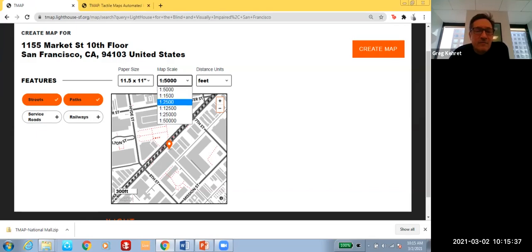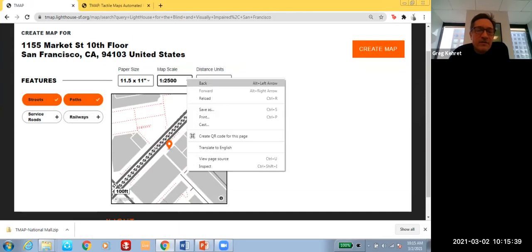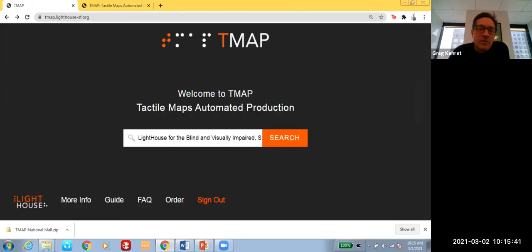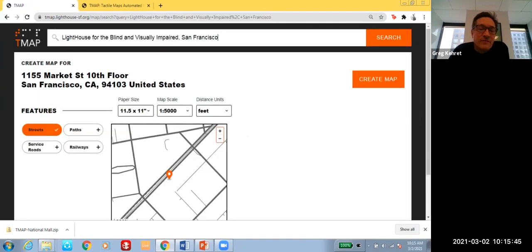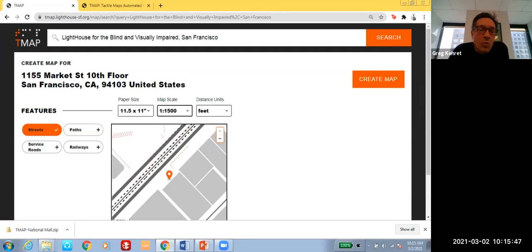But if I'm going to zoom in for demonstration, I'm going to, whoops, I went the wrong place. Clicked the wrong button. Let me drill back down. 1 to 1500 is the most zoomed in. And on this map, that looks like it represents about 2 solid city blocks.